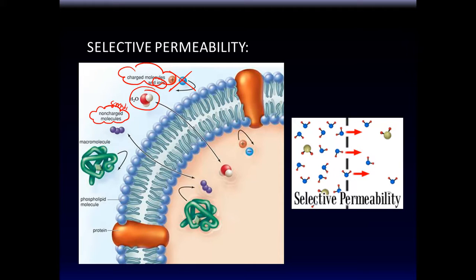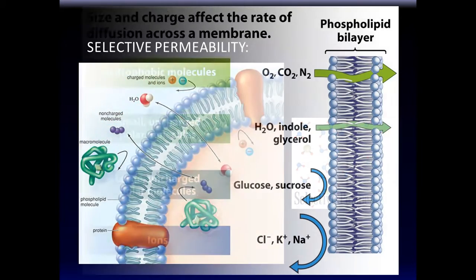So small non-charged molecules can get across. Ions, no. Now, big molecules like macromolecules, like proteins, can't get across. If the cell wants them, it has to make some effort. So the big picture here is: charged stuff, no. Small non-charged stuff, okay. Big stuff, no.